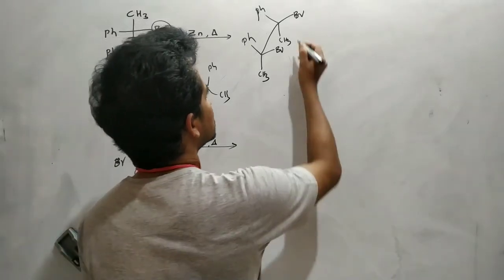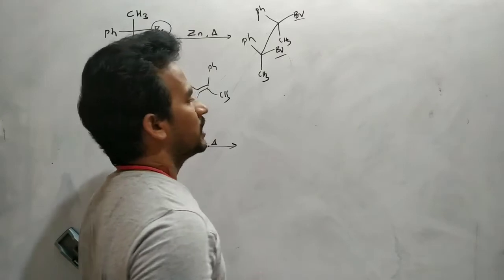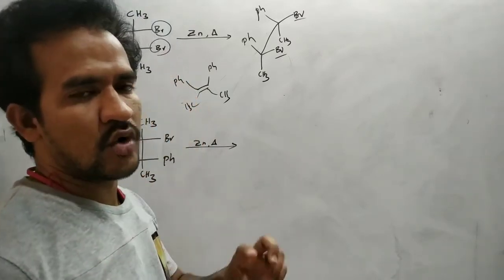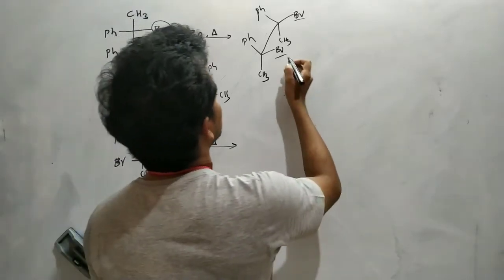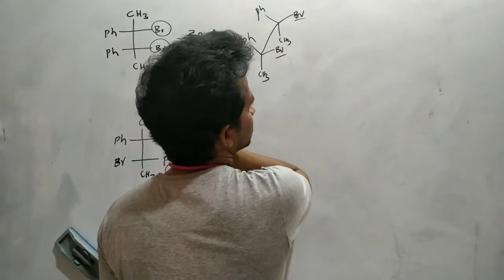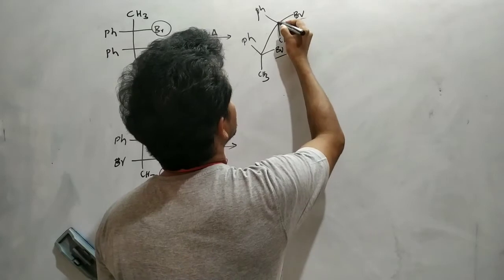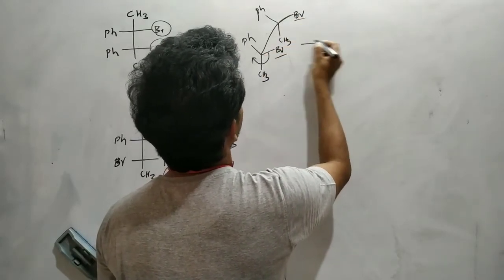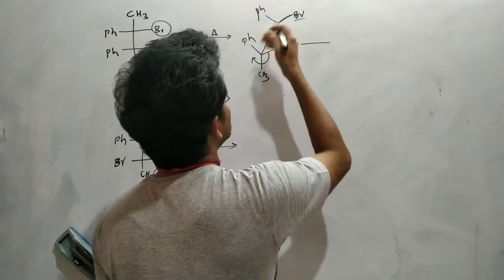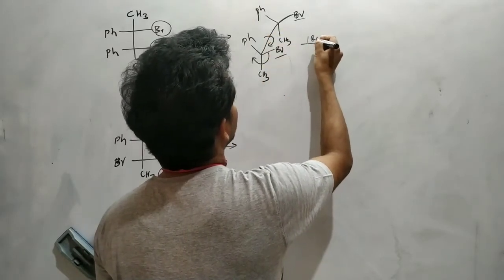Now in this case, these bromines are in a cis position actually. These two are eclipsed. Those two are not anti to each other. So rotate this one. Rotate 180 degrees, rotate the molecule about the C-C single bond by 180 degrees.